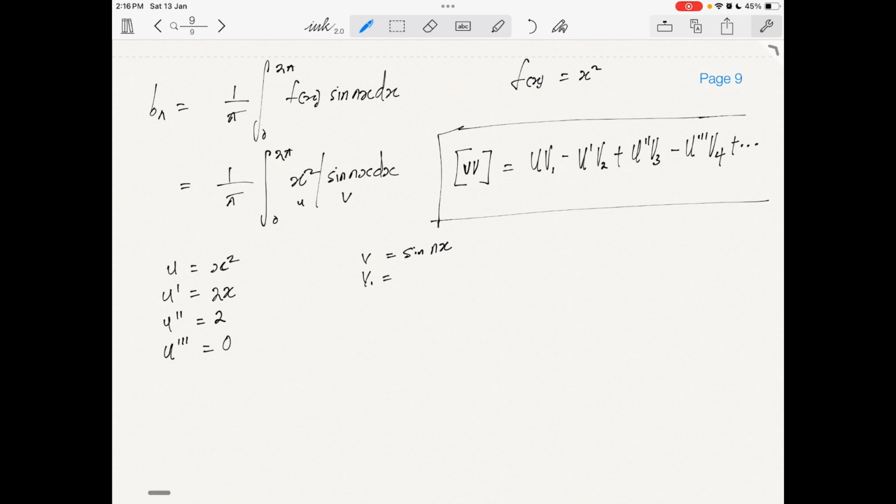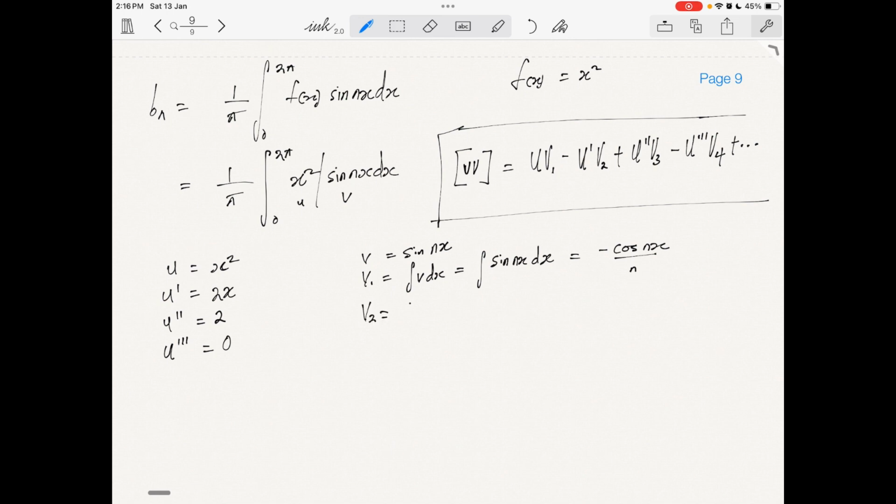Now our v1, which is integrating v with dx, which is integral of sine nx dx, and integrating sine nx dx, we'll have it to be minus cos nx over n.